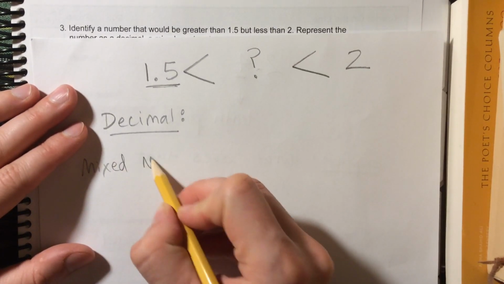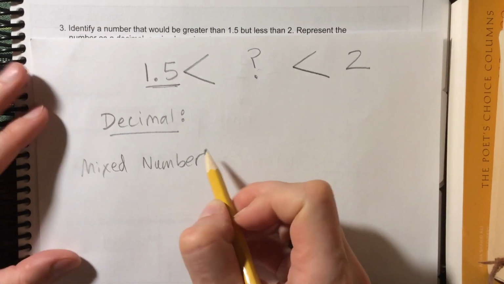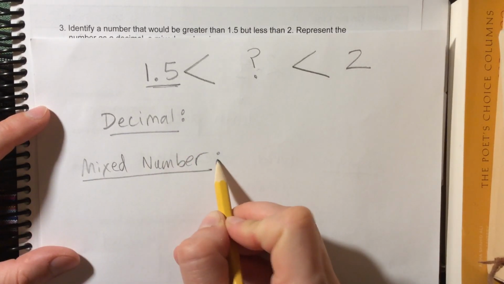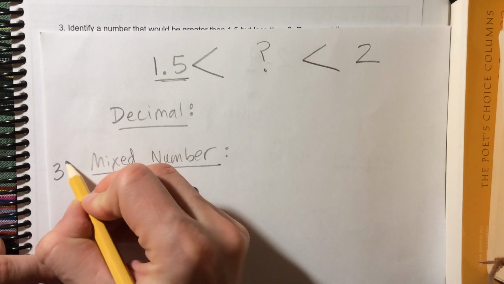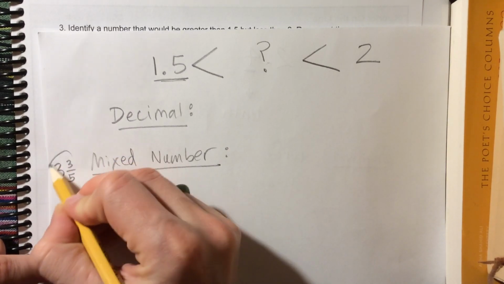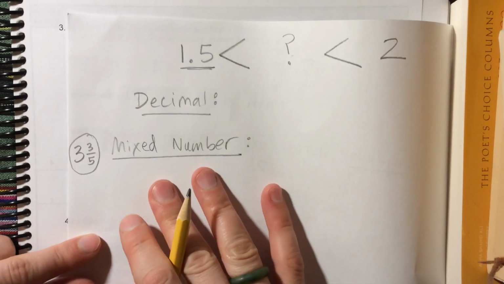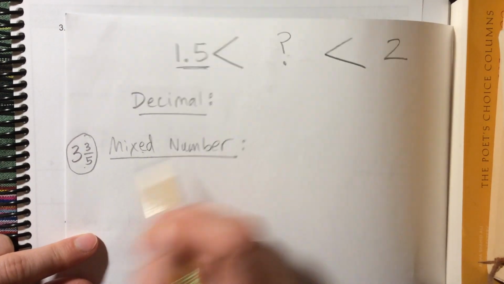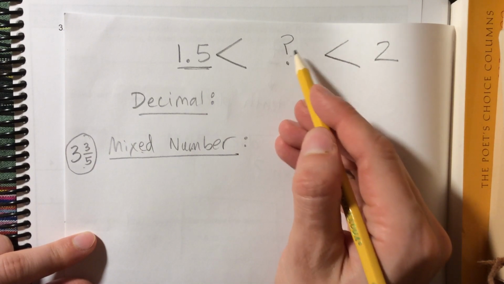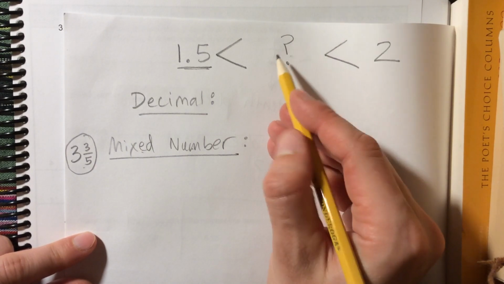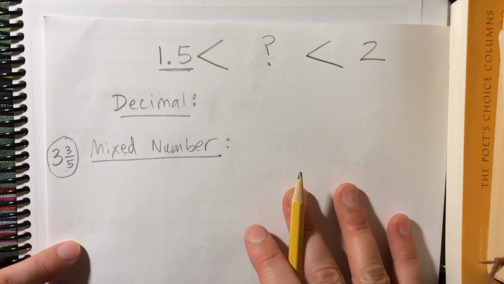So it's saying it also needs to be a mixed number. So I remind you that this 3 3/5 is un ejemplo, an example of a mixed number. So esta, this, as a fraction, una fracción.